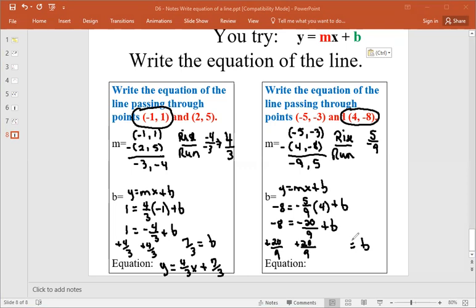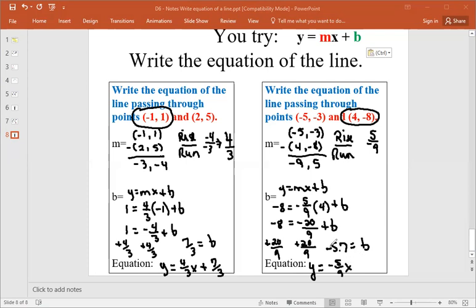So we are typing in -8 plus, and make sure you get your parentheses in here, 20 divided by 9. And you should get something around -5.7 or -5.8.